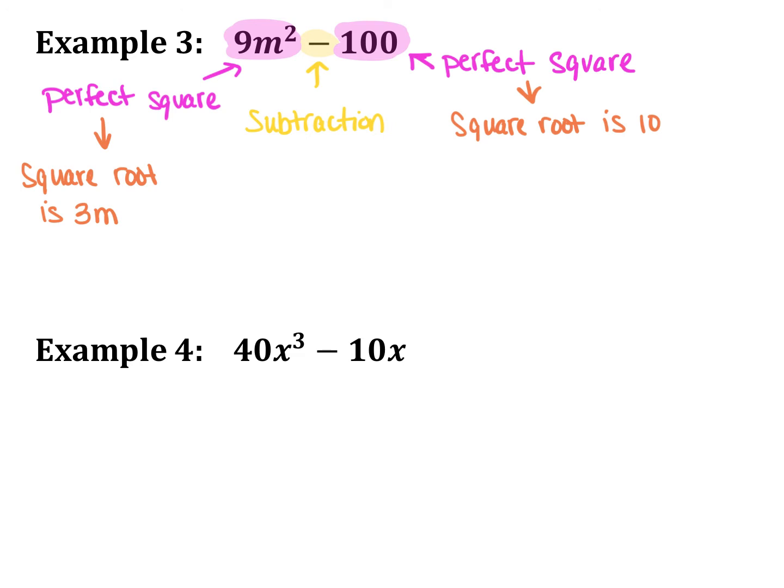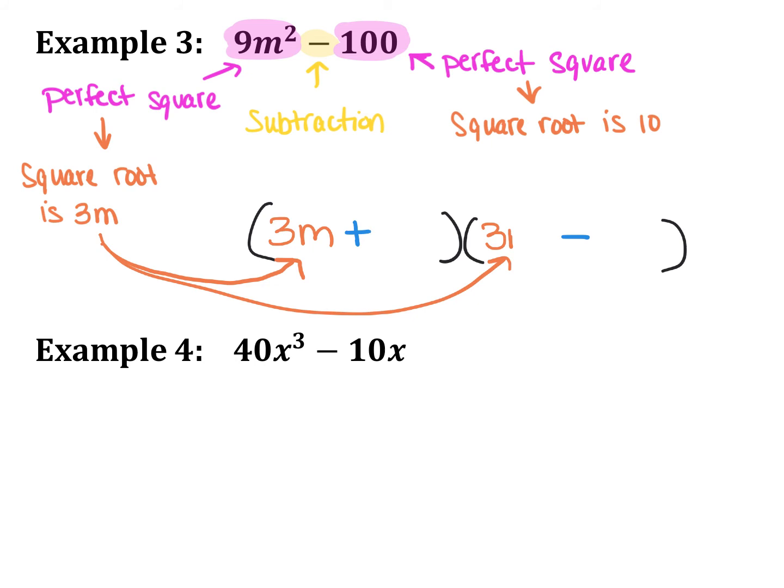So let's set up that pattern. I'm going to set up two binomials here, and I'm going to make sure that I use a plus in the first one, a minus in the second one, and I'm going to grab that first perfect square, 9m squared, and I'm going to use that square root of 3m. I'll go ahead and fill that in to both spots.